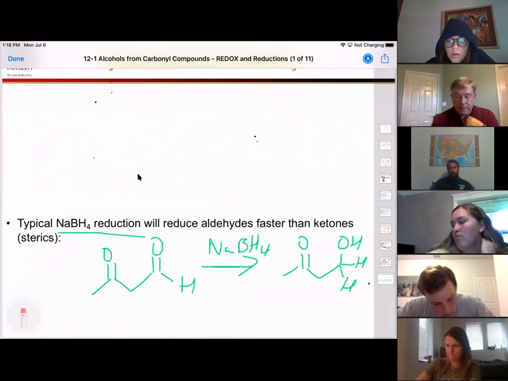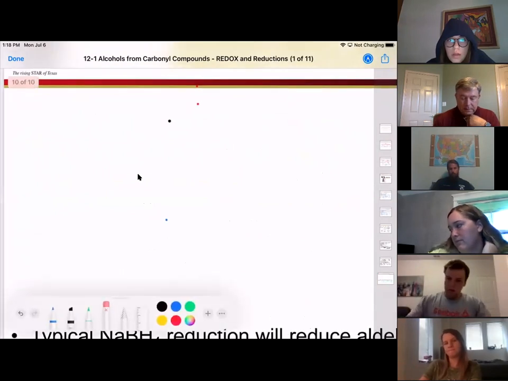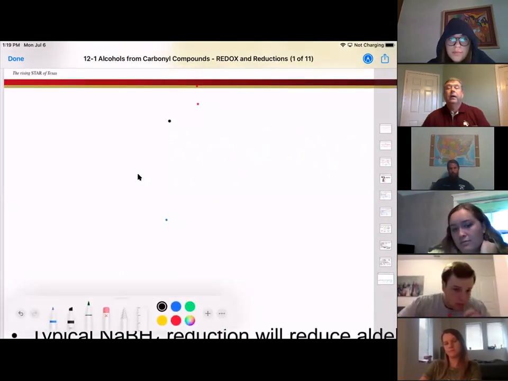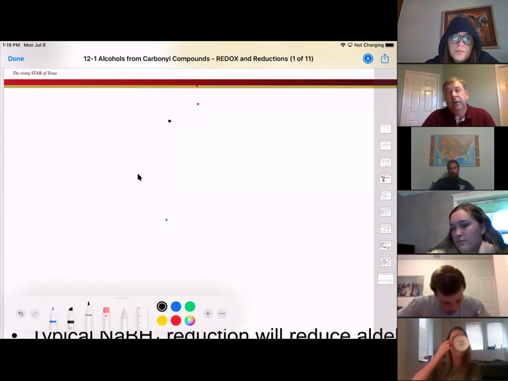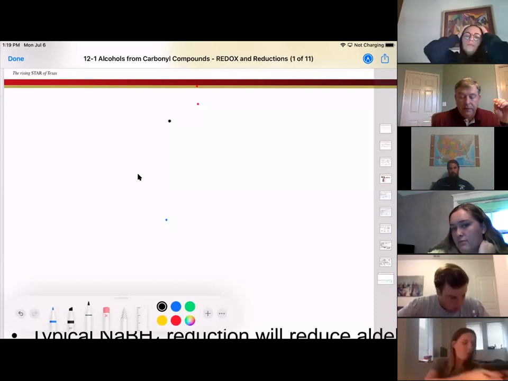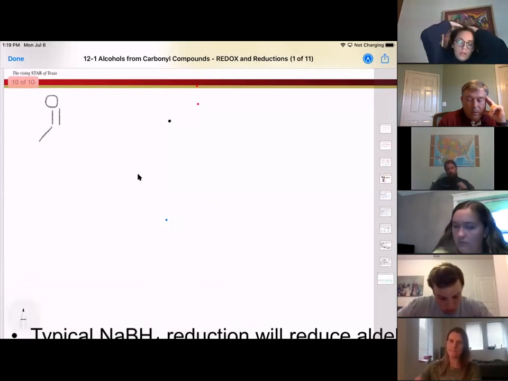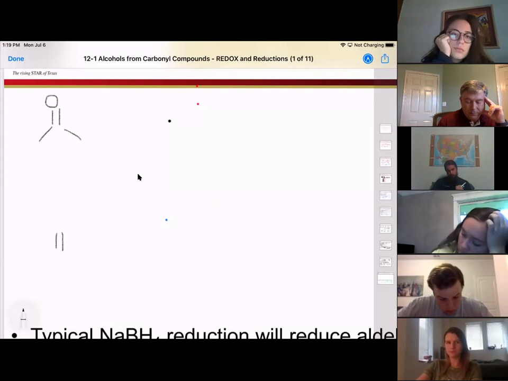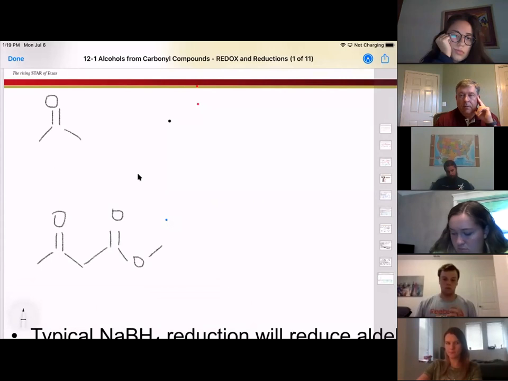Okay, so now let's talk strategy about how to do this. When we're thinking about the four reagents we just learned about, well, technically five if you think about the permanganate right here, we can selectively go from one place to another and arrive at the same point by going around in a circle here.